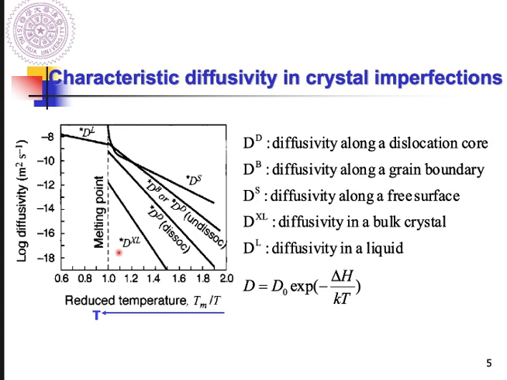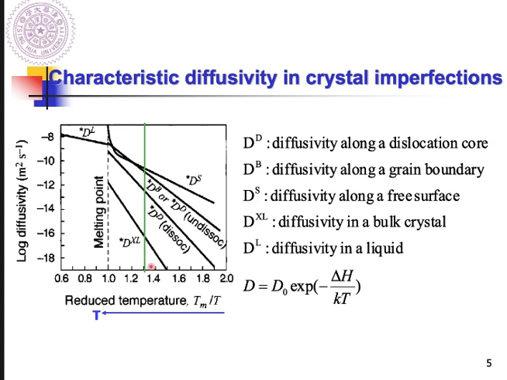And if we take this temperature as an example and just focus on here, we find the lowest diffusivity one is D_XLO. So what's D_XLO? Actually, it's the diffusivity in bulk materials, which means the diffusivity inside the grain. We call it D_XLO. And then we find the diffusivity increases.